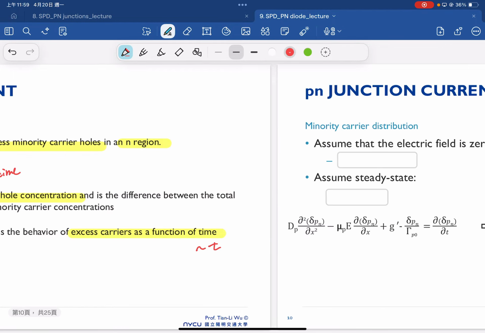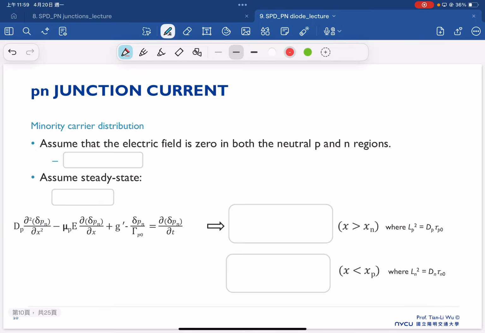Now, as usual, we will try our best to simplify the equation. First, we assume that the electric field is 0 in the neutral N and P regions, so E is equal to 0.